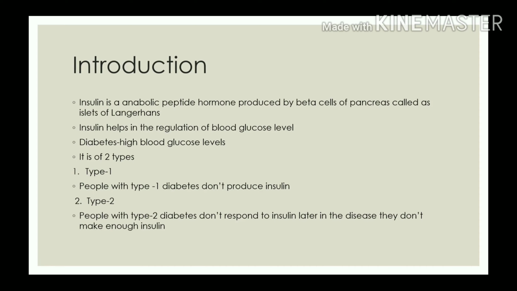In type 2, people with type 2 diabetes don't respond to insulin. Later in the disease, they don't make enough insulin. So in this type, the insulin is produced but they don't respond to the produced insulin, and in severe conditions, as this situation is prolonged, they don't make enough insulin.